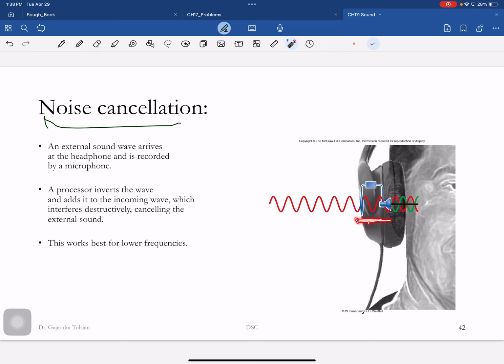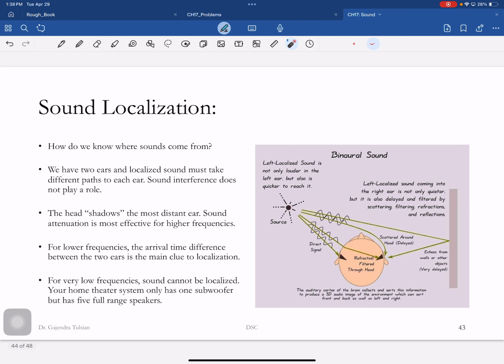So remember, you had to have a tiny microphone and the speaker. You already have the speaker, and enough electronics to produce the inversion. Okay, you have two of these sensors, so you can get directional information.